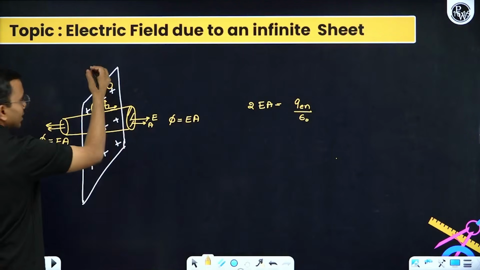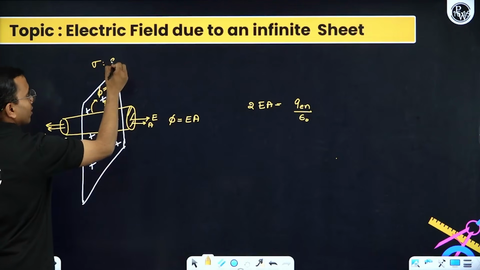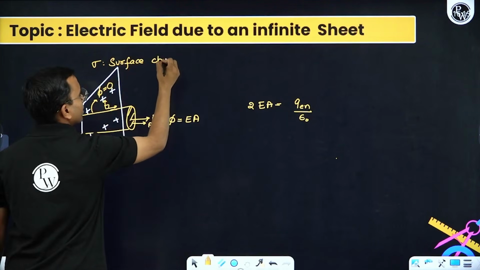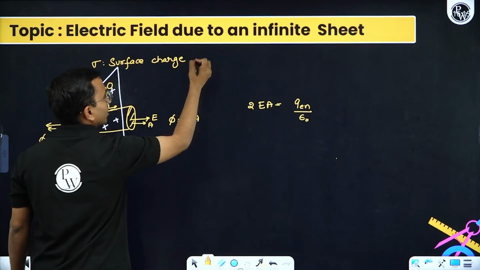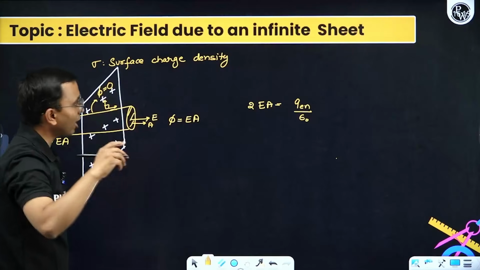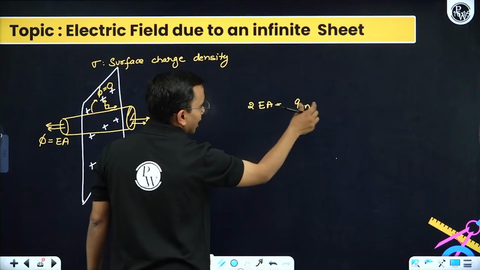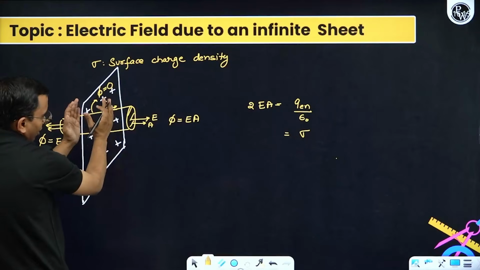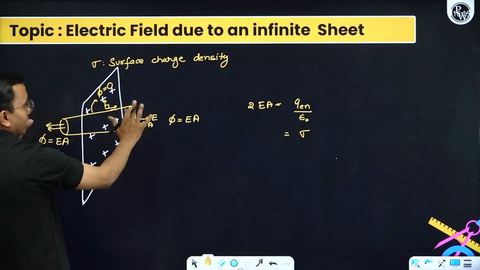Here the surface charge density is sigma. So I will say from here that Q enclosed is sigma into A, because only that portion is coming inside this Gaussian surface.